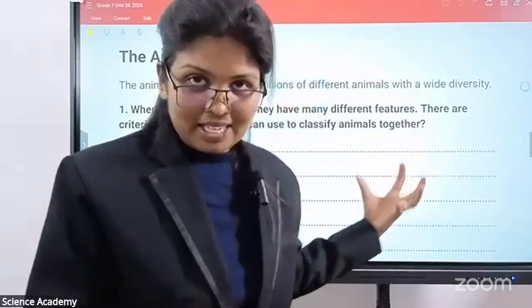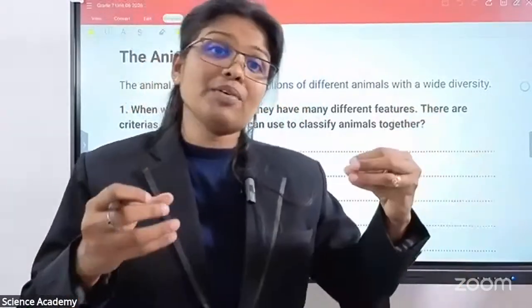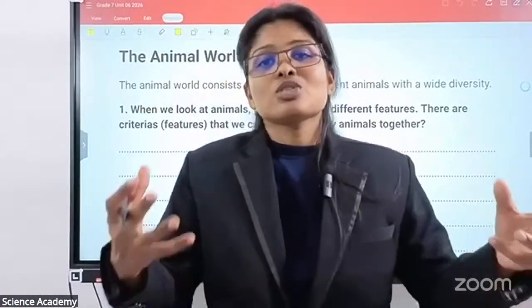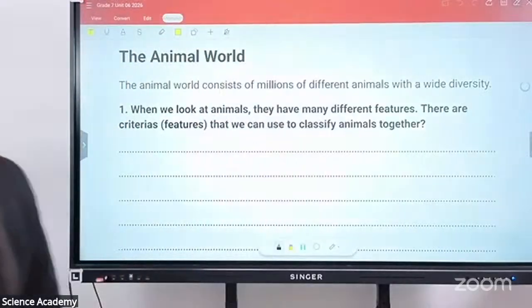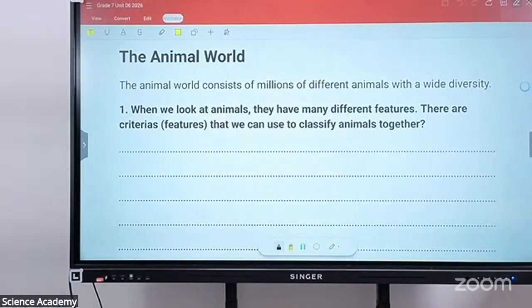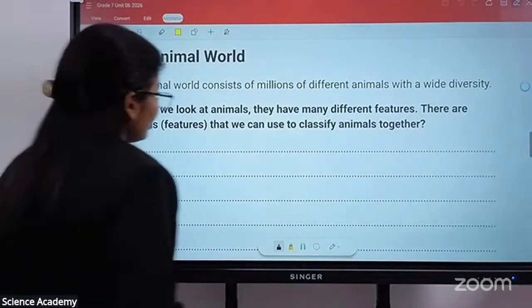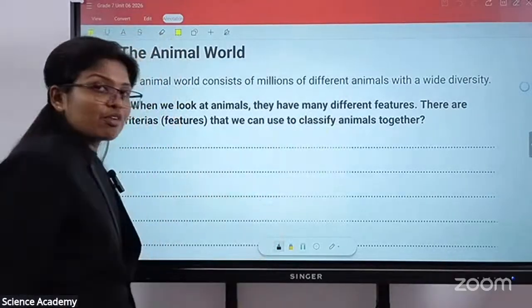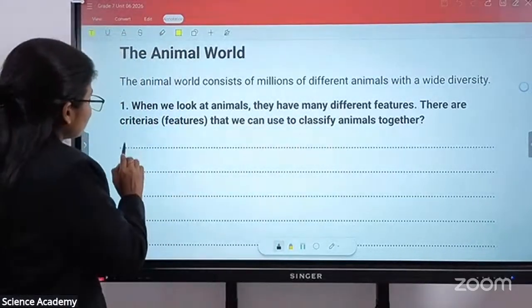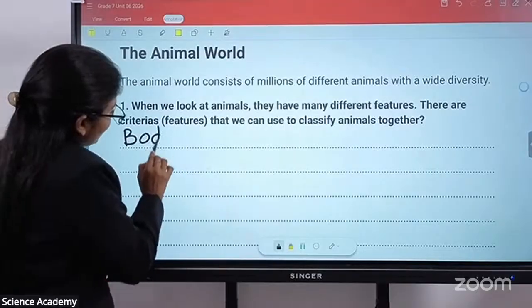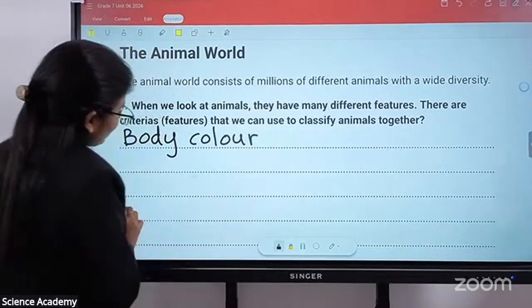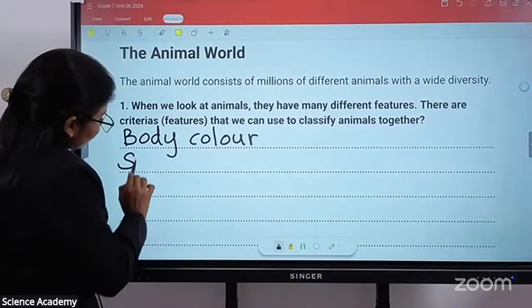Apart from these criteria, there are many more criteria by which animals differ. Children, we'll quickly write down the 5 criteria. Why are these animals different from each other? The first one is body color, and then shape of the body.